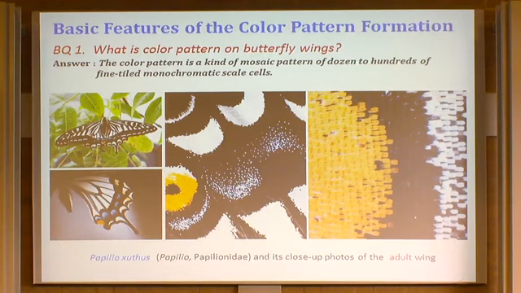This is a very popular butterfly in Japan, Papilio xuthus. Looking at the adult wing closer and closer, color pattern is finally a kind of mosaic pattern of dozens to hundreds of finely tiled monochromatic scale cells.